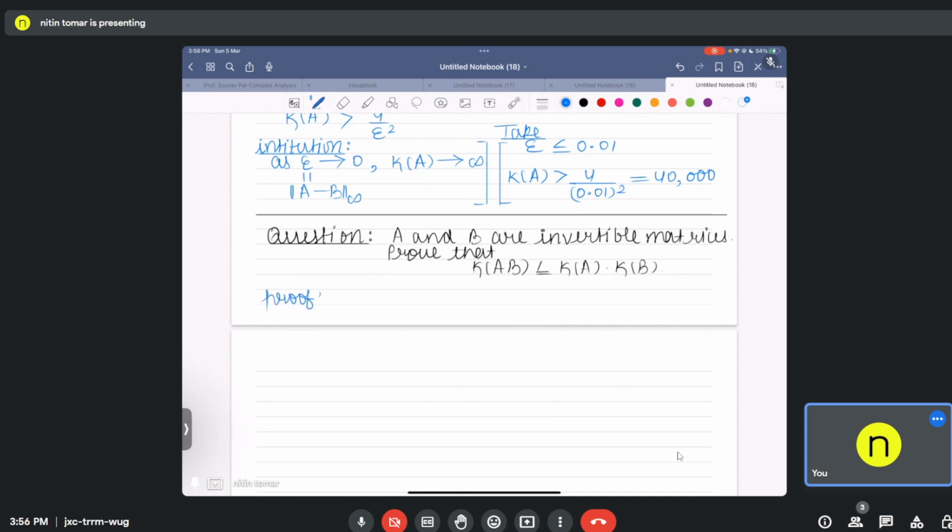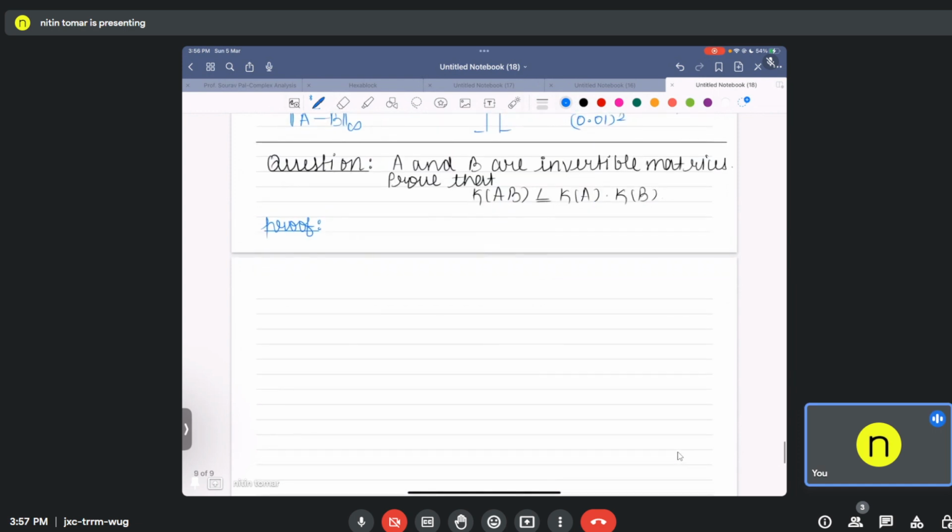Yeah, I think from the definition we can prove. Yes, so you tell me step by step. Let us just write what the condition number of AB is. It will be the norm of AB times the norm of AB inverse. This is the same as the norm of AB times the norm of B inverse A inverse, right?